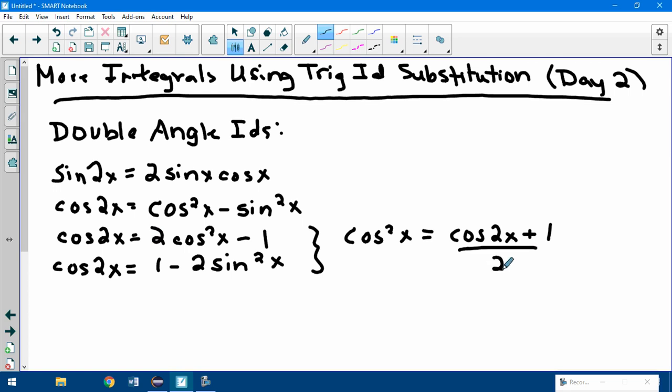So in other words, just because constants in integration are easier if they're pulled out front, I could also think of this as 1/2 times cosine of 2x plus 1. Okay, so cosine squared of x can always be replaced by that. I'll show you why that matters later.